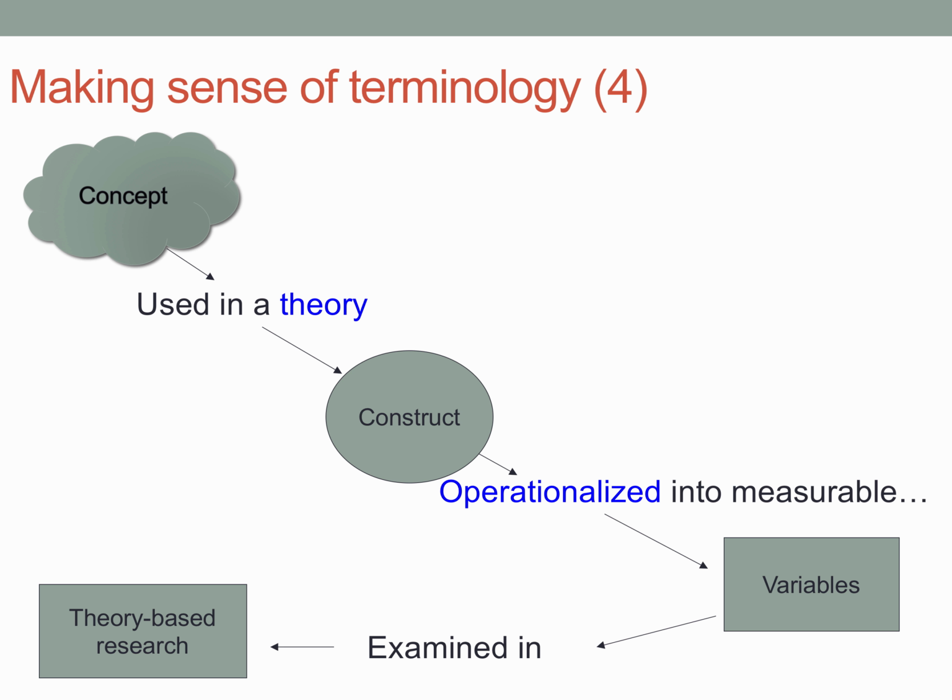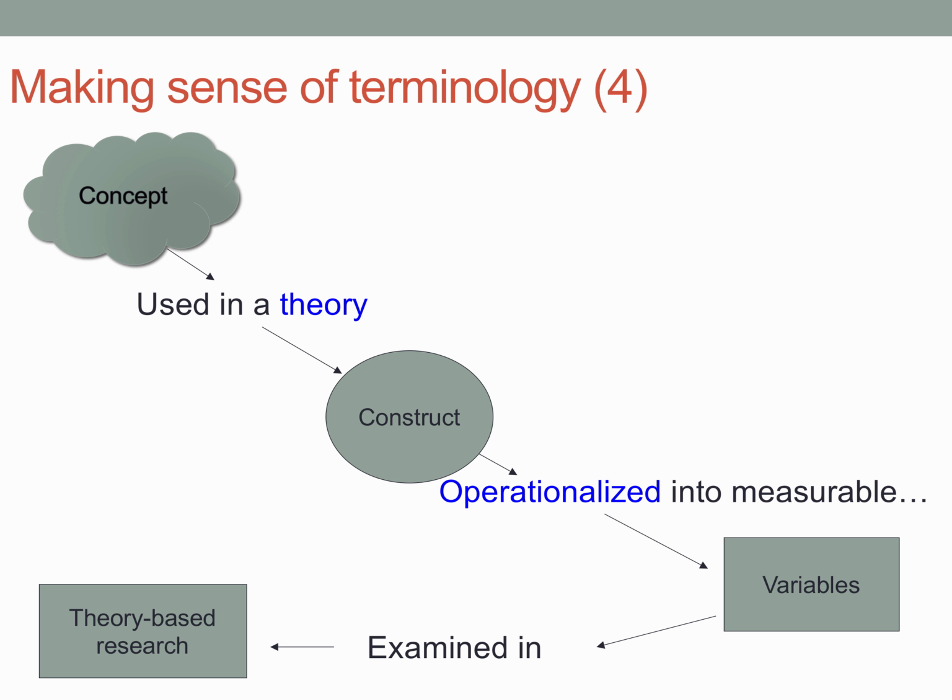So, making sense of the terminology. A concept, again, is completely nebulous, intangible, abstract, just an idea. But once we connect that to a theory, that concept now becomes a construct, more tangible, but still not directly measurable.